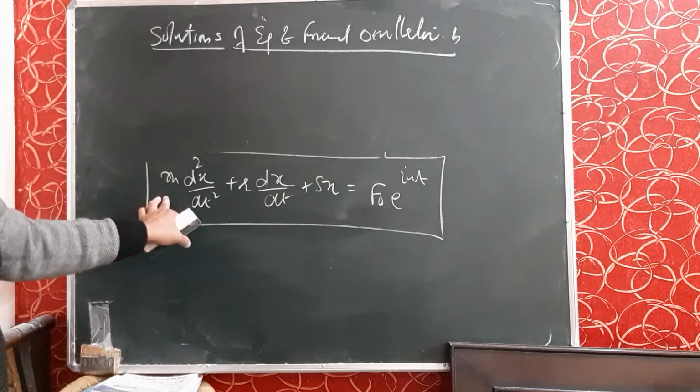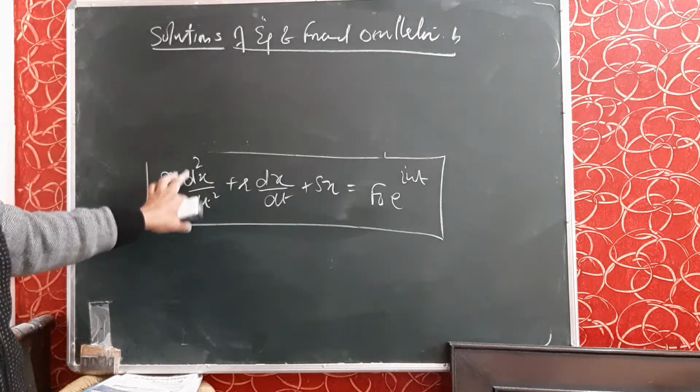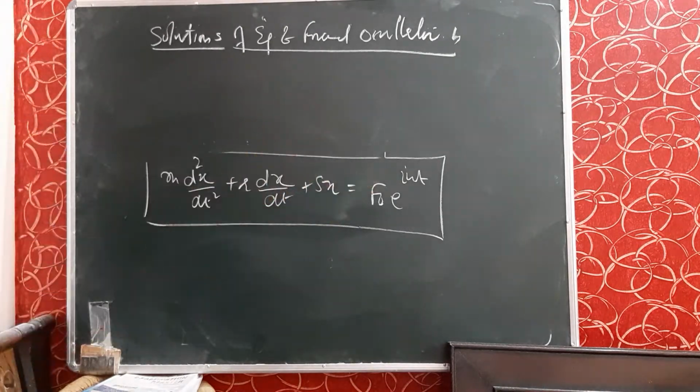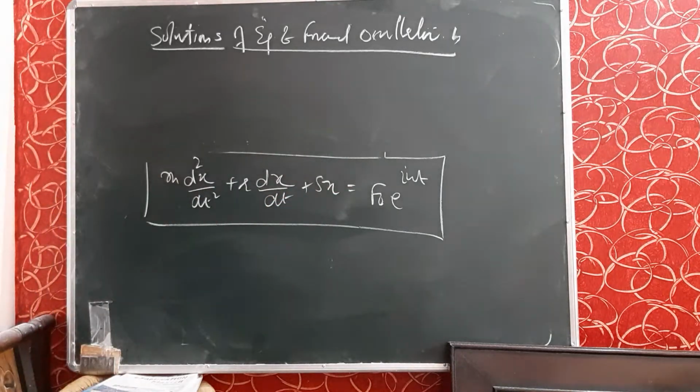We will solve this equation. This equation is very complicated because it is a second order differential equation with iota, a complex number, also there. So the solution of this equation will be very complex because iota is already involved in this equation.